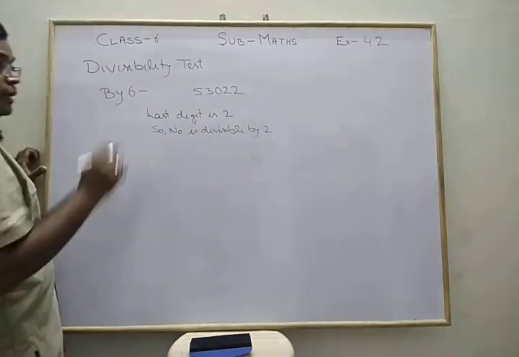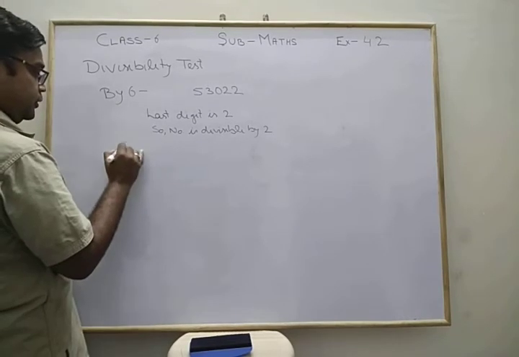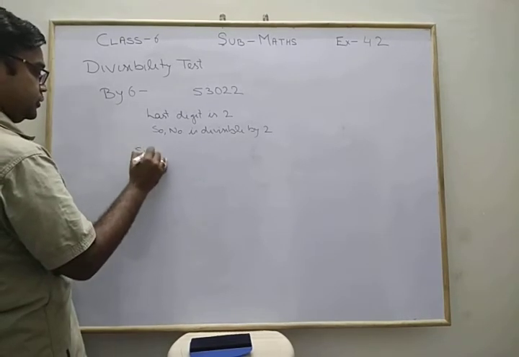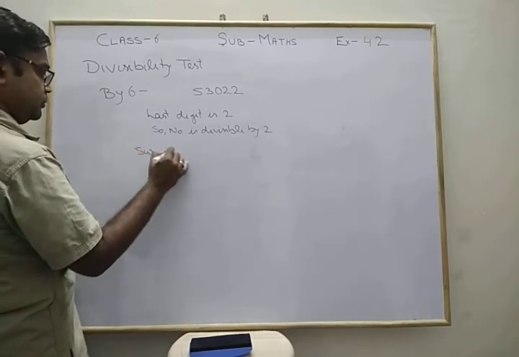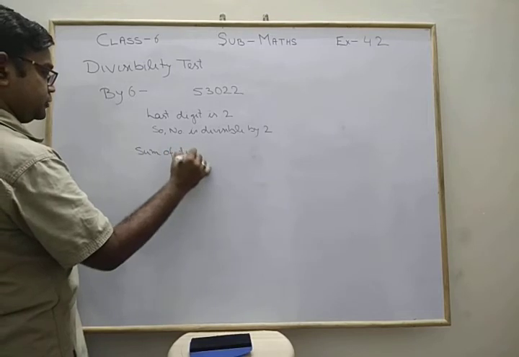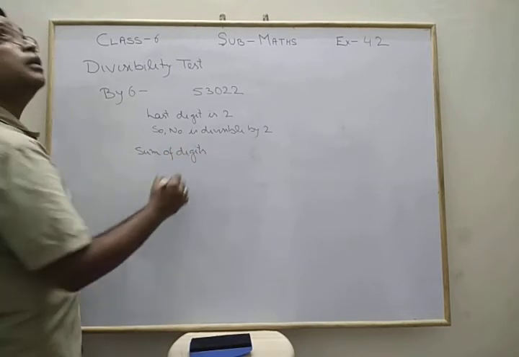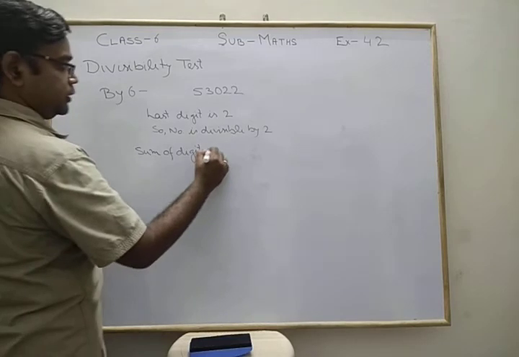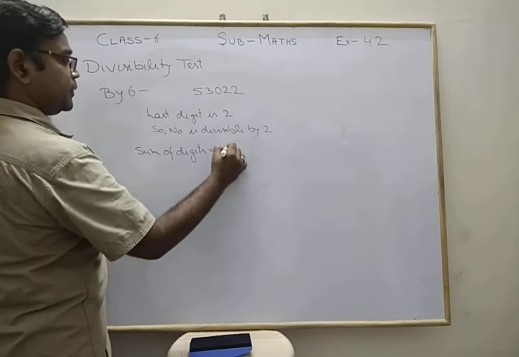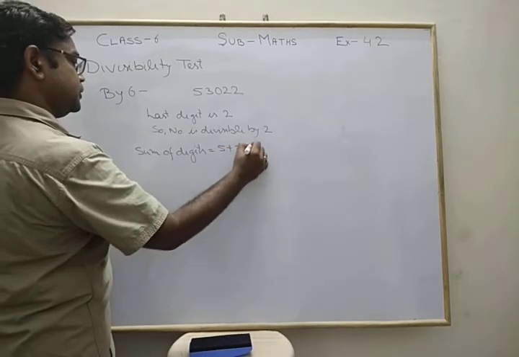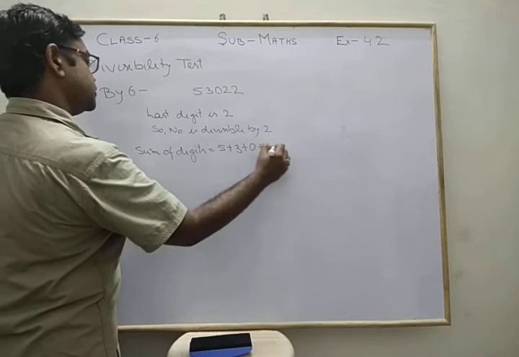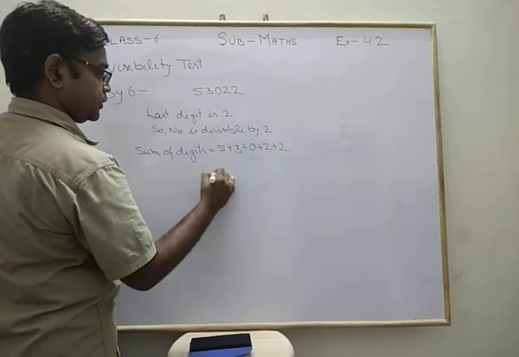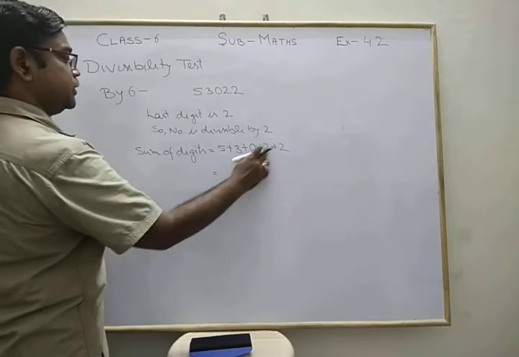That is the first part. Now the second part: the sum of digits equals 4 plus 3 plus 0 plus 2 plus 2. It's 4 plus 3 is 7, 9, 11.